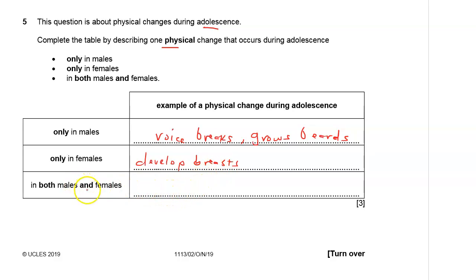Then in both male and female, they will start to grow body hair. Growth of body hair will start at adolescence, under the armpits and other places.